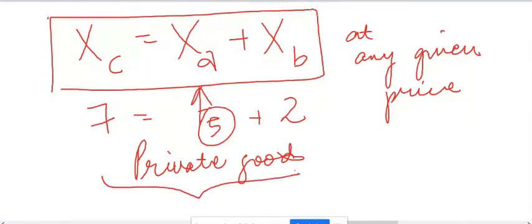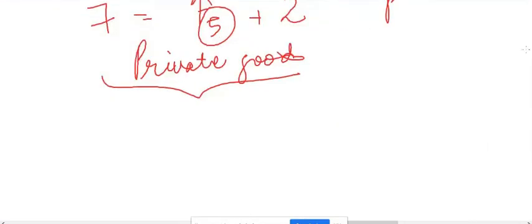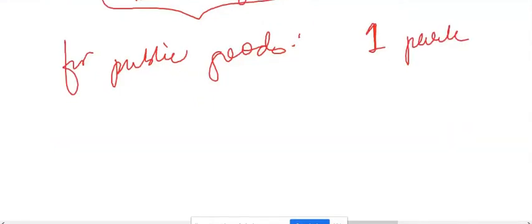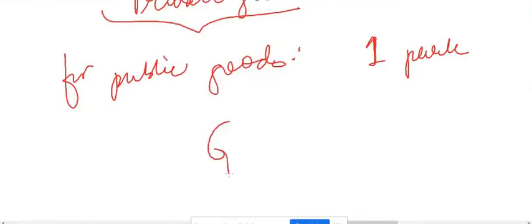Let us now try and understand what happens for public goods. Let's say that there is one park that is built. Then individual 1 or A also consumes one park, because just one park is there in the market, in the society or wherever.